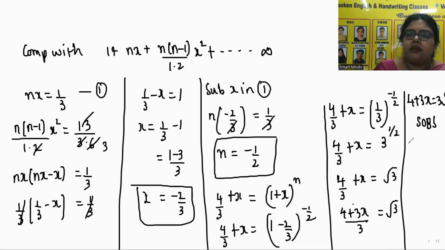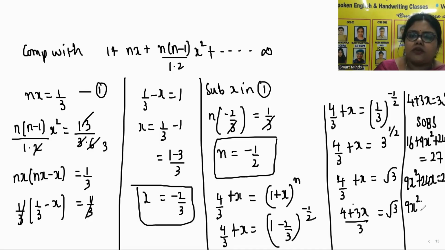So you will get 16 plus 9x square plus 2 into 4 into 3, which is 24x, is equal to 3 root 3 squared, which is 9 times 3, that is 27. So now 9x square plus 24x is equal to 27 minus 16. So 9x square plus 24x is equal to 11. This is the required answer.